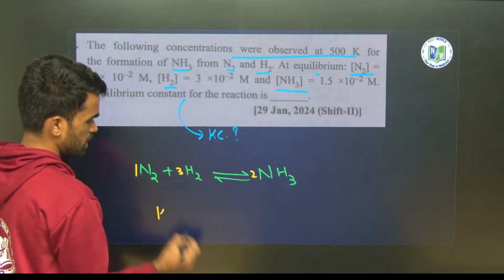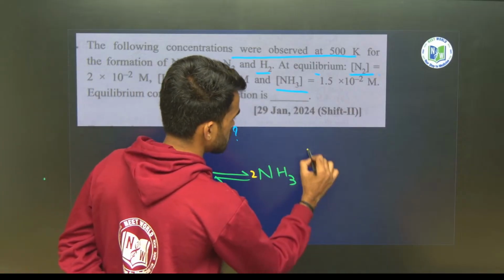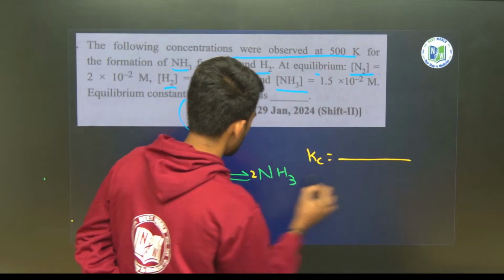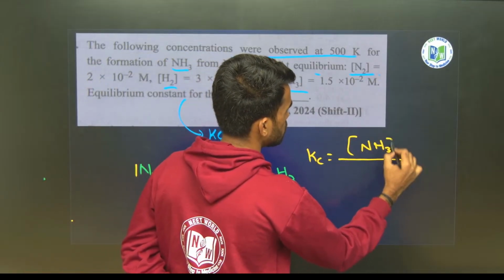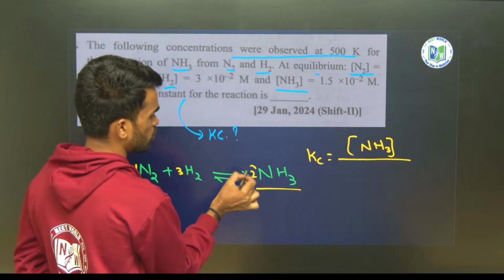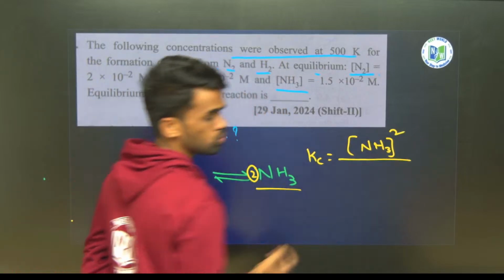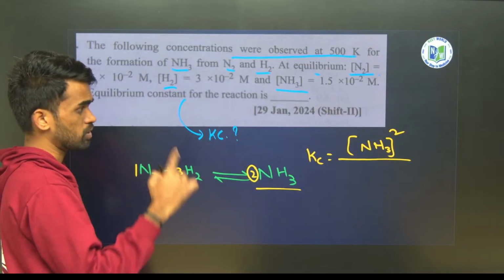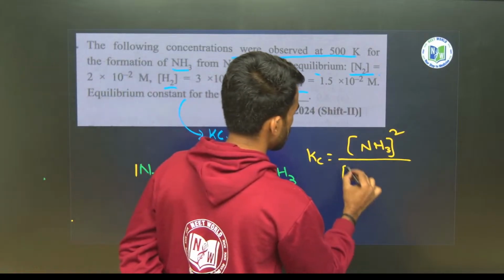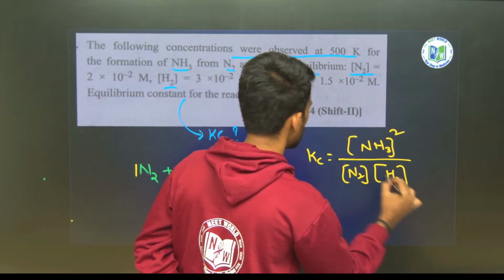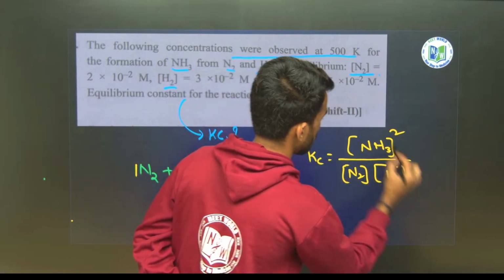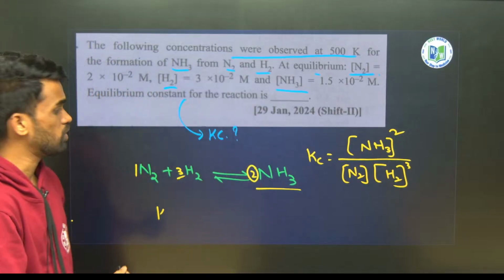So for Kc, what should you write? The equilibrium constant Kc will be the concentration of product, the concentration of ammonia, to the power of its stoichiometric coefficient, here 2, over the concentration of N2 multiplied with the concentration of H2 to the power 3. Like this. Now this is about the equilibrium constant.